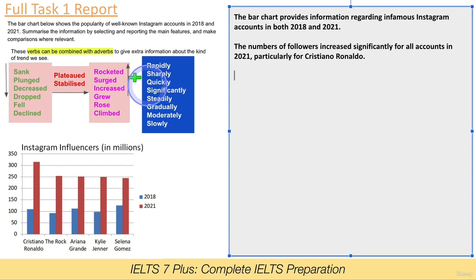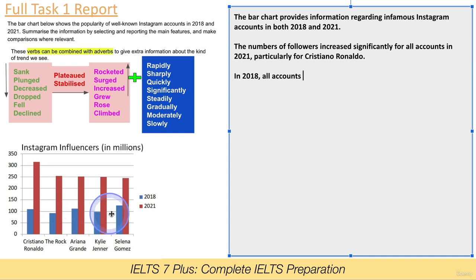Okay, so group number 1, 2018. In 2018, what could we say? All accounts were, well, they're all in a sort of range.